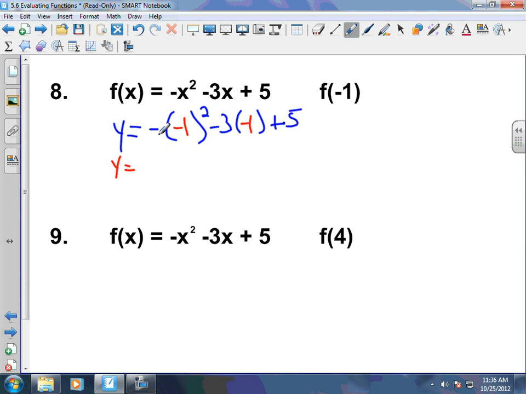However, this negative sign outside says the opposite of negative 1 squared. What's the opposite of negative 1 squared? Negative 1. Because negative 1 squared is positive 1. So this becomes negative 1. Negative 3 times negative 1 is positive 3 plus 5. Negative 3 plus 5 is 8 minus 1 is 7.